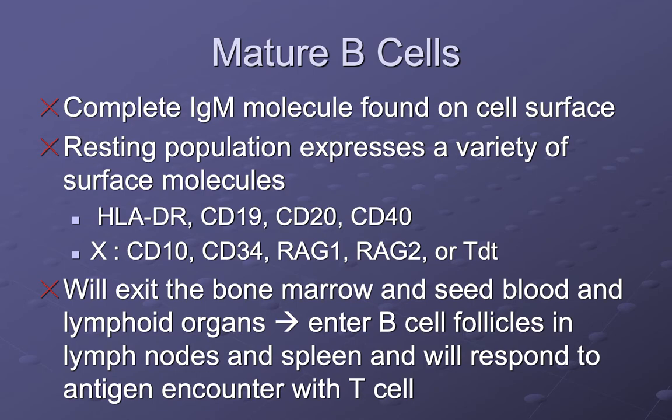Some resting populations of mature B cells express a variety of surface molecules like the ones in the first sub-bullet. And there are cell surface molecules that they lost and don't express anymore. So you see, RAG1, RAG2, the recombination activation genes, should no longer be expressed by mature B cells.